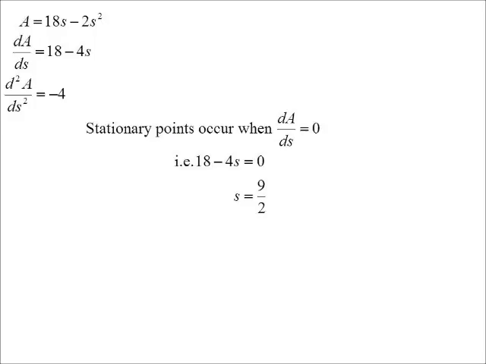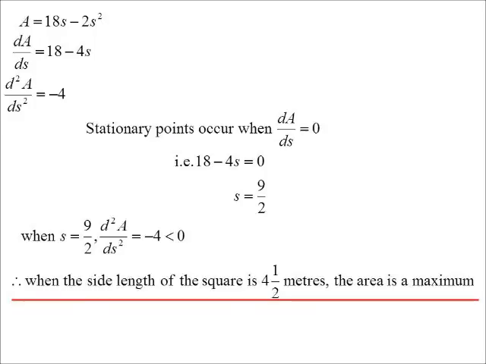Okay. Got to confirm that that indeed does give us a maximum area though. So let's have a look at our second derivative. Second derivative, negative 4, concave down. Yep, I'm up the top. So yes, indeed, when the side length is 4.5 meters, the area is a maximum. Notice the question didn't actually ask us to find the area, so I'm not going to waste time working that out.